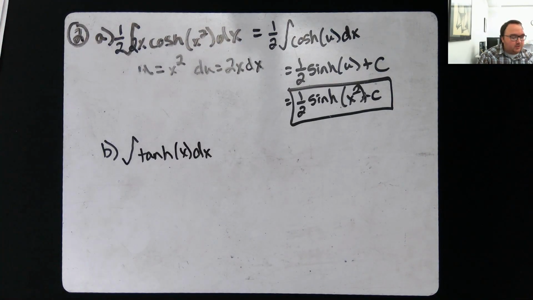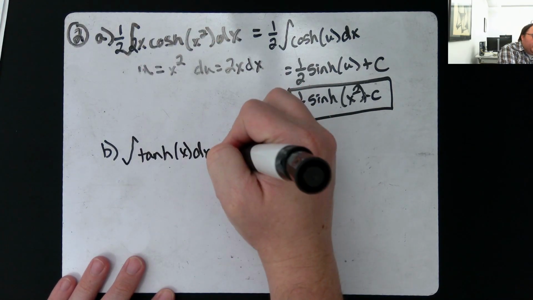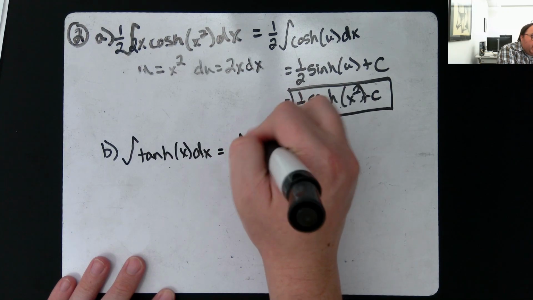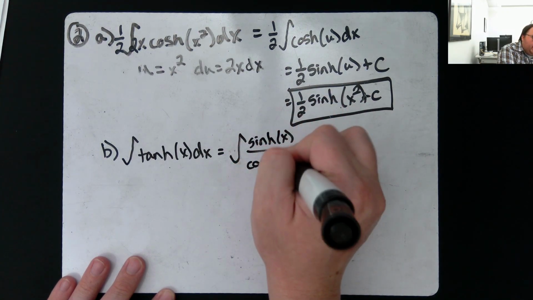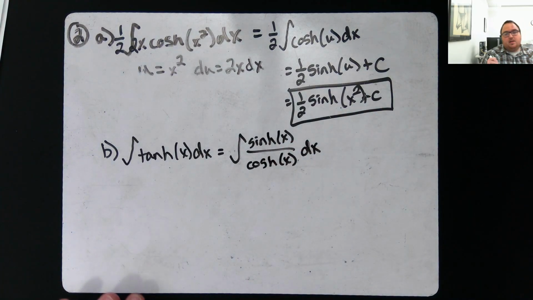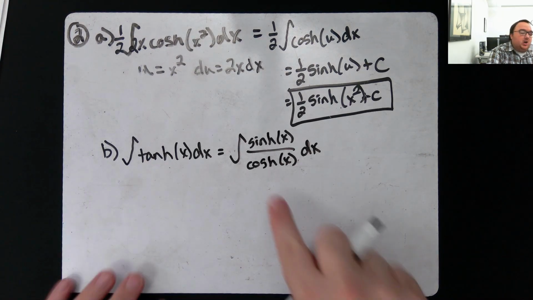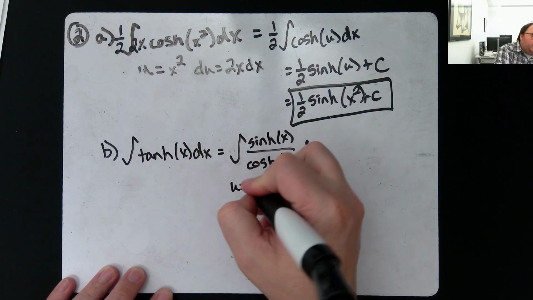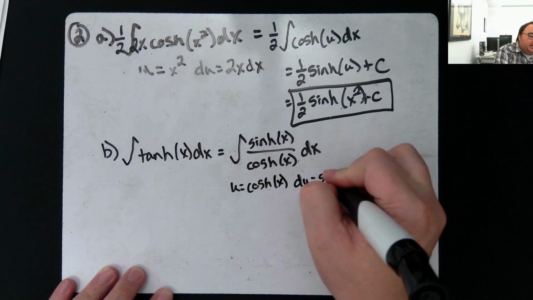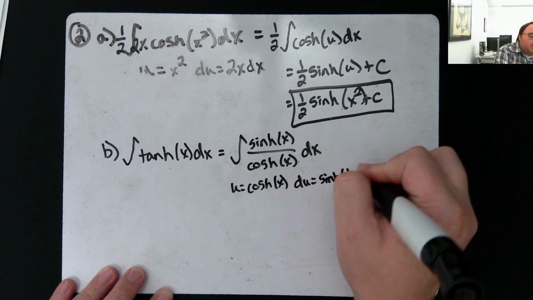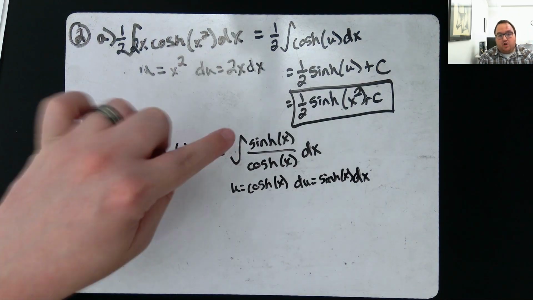So what this means is I can write this as the integral of hyperbolic sine of x over hyperbolic cosine of x dx. Doesn't seem like this really helps me, but notice here, if I let u be equal to hyperbolic cosine, du would have to be hyperbolic sine, which I have on top.